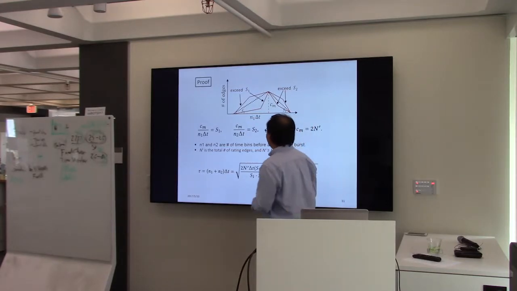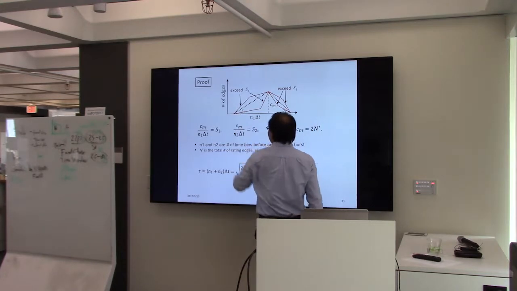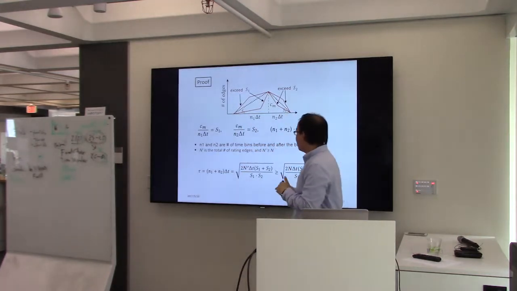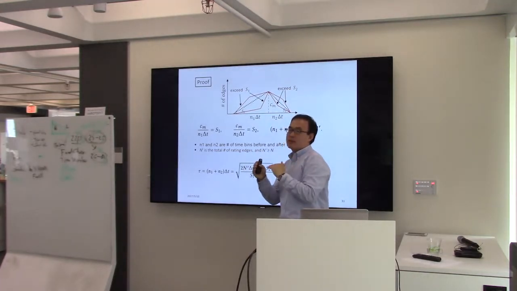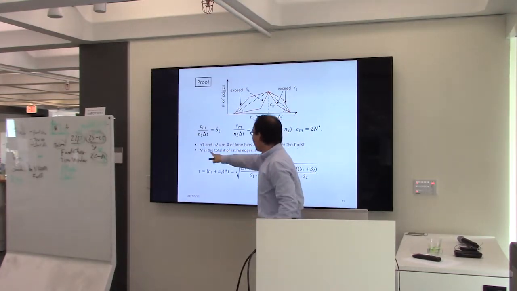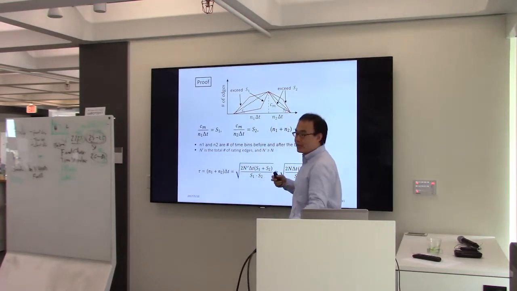So in that case, we just calculate. The area under this triangle should be larger than n. Why larger than n? Because there should be some normal users who connect to those fake products. So let's assume n prime is the total number of edges the fraudsters want to create.